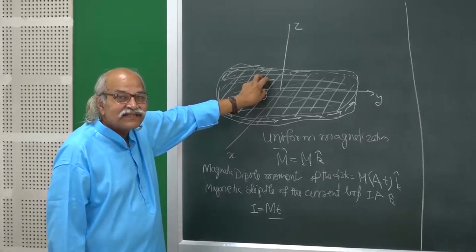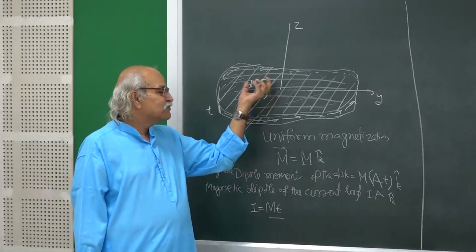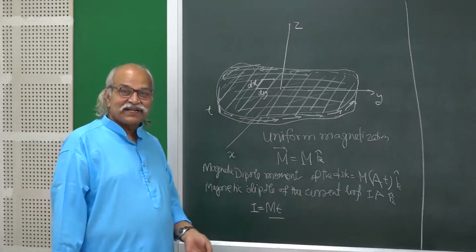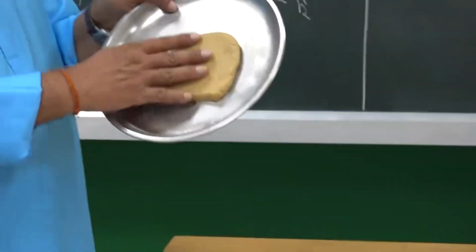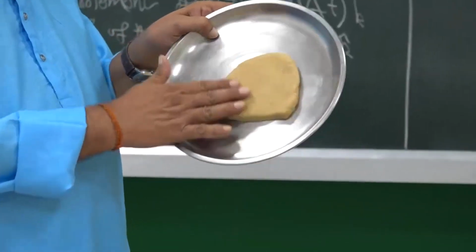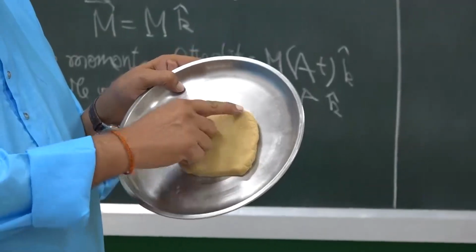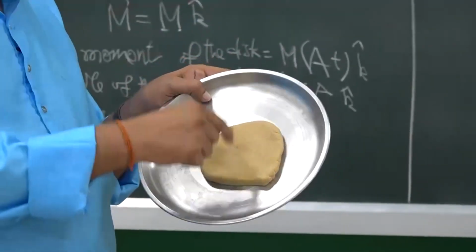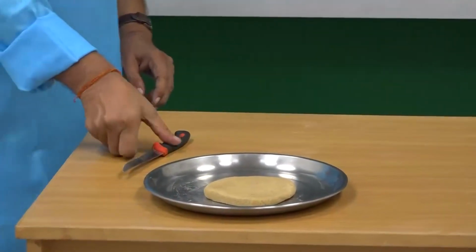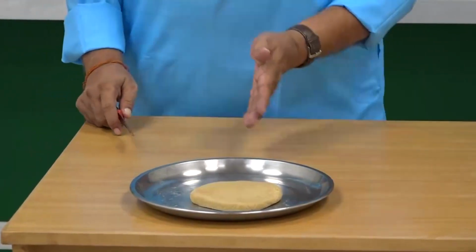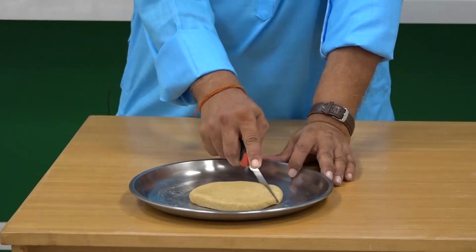Just consider one such element here, and to assist you in this imagination, I have something on my table. Perhaps that will help you understand what I am saying. So let us say this is a disk. On the surface here, I can draw the x-axis and y-axis, and then the z-axis will be perpendicular. Now I draw lines here like this.